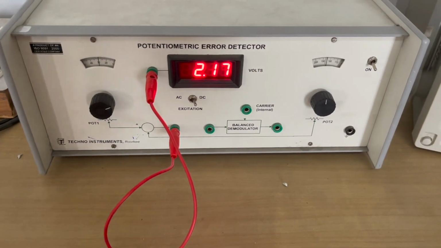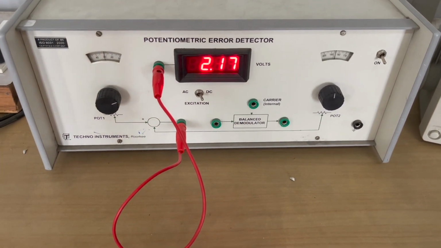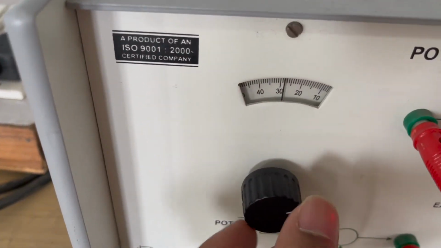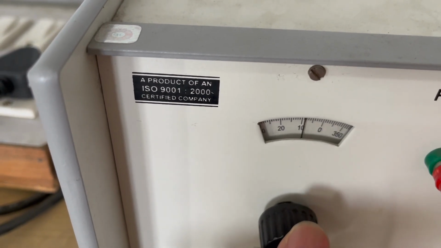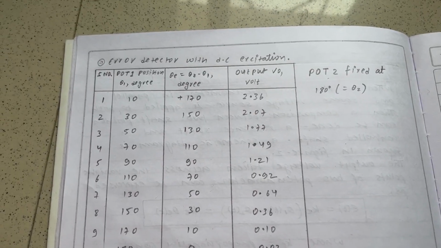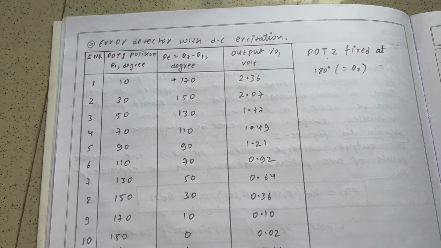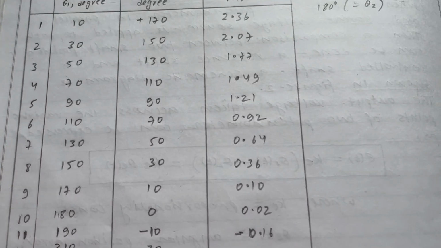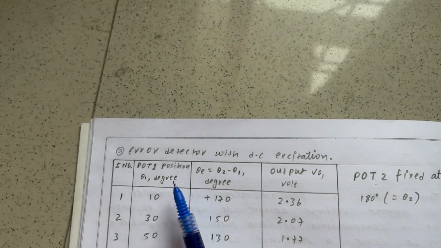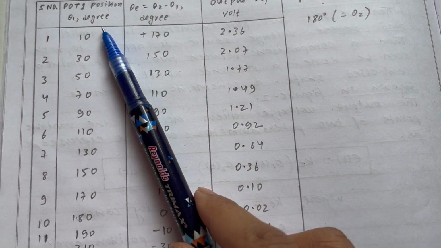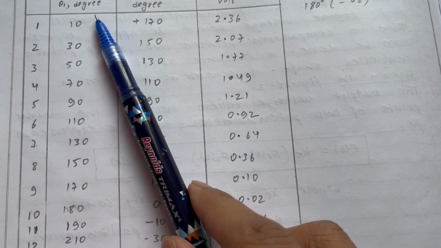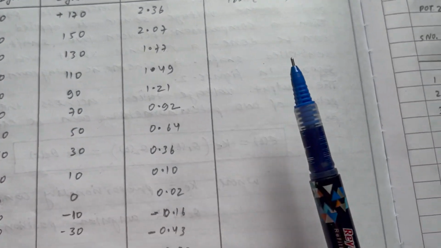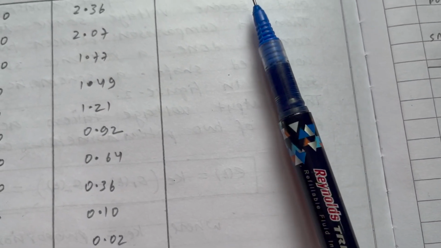Now we will keep doing it till we come to the position from where we started, that is 10 degree. Now we have this reading table for DC excitation, and here are the values of part 1 position theta 1, which is in degree, and you must be aware that part 2 was fixed at 180 degree.